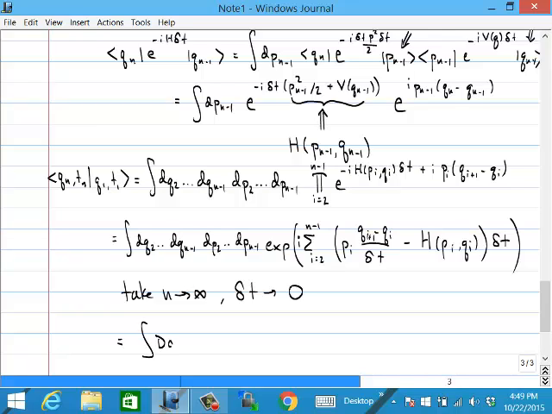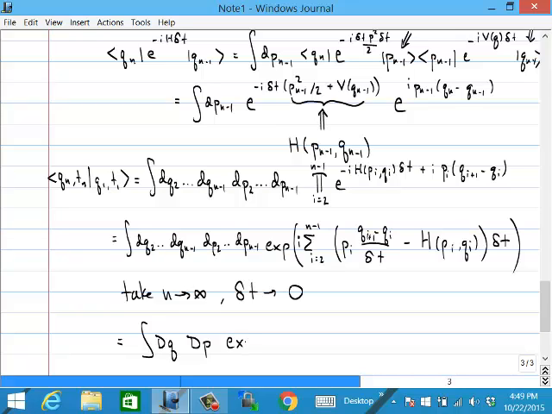Well, we're integrating over all paths q, but we're also integrating over all possible p's as well. So what we have here is not an integral over all paths that the particle could take through configuration space or position space, but an integral over all paths through phase space, the space of all q's and p's.